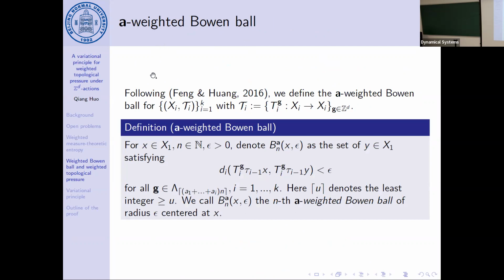And then before we give the definition of weighted topological pressure, I will introduce the weighted Bowen ball for the K with the action analytical systems. For x belonging to the compact space X, N a natural number, epsilon positive, denote by B_N(x, epsilon) the collection of y satisfying this condition.